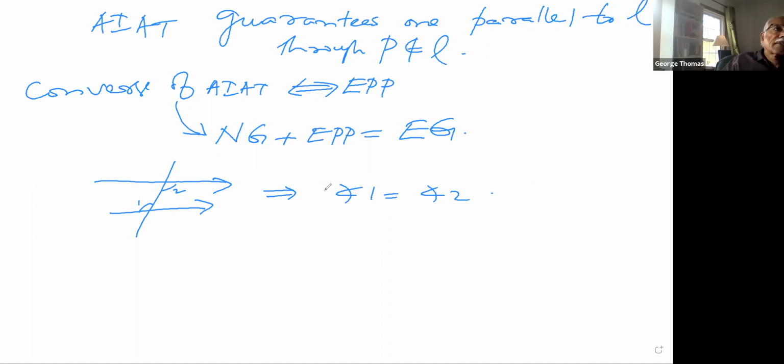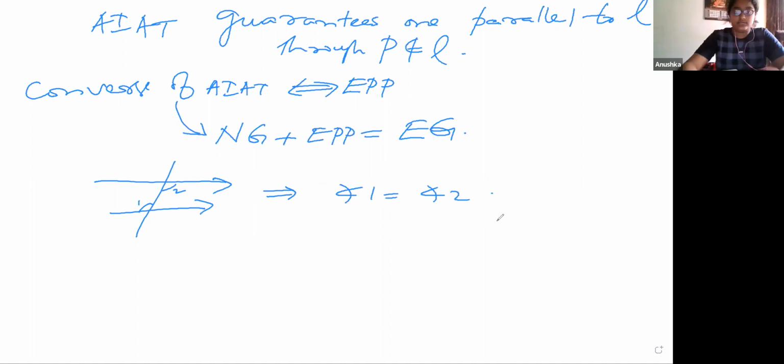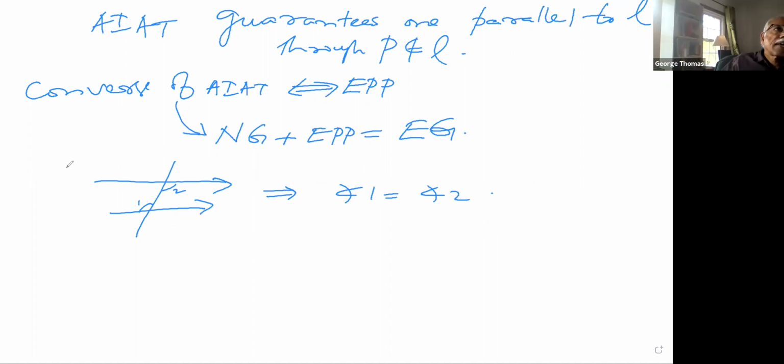So is this picture correct here? Yes. On the other hand, AIAT is if you start with 2 parallel lines, then angle 1 equals angle 2.